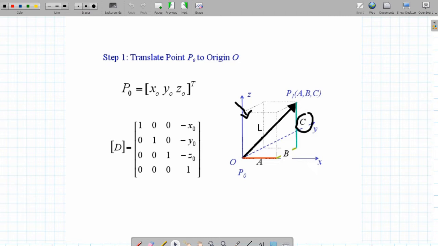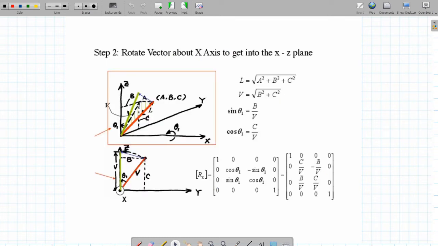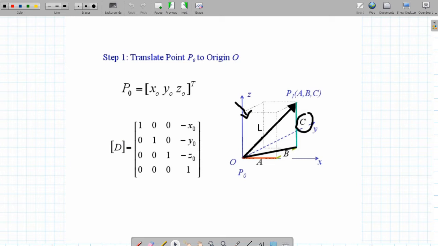If you think of this as a triangle, let me draw the triangle in 3D space. This distance is going to be root under b square plus c square.